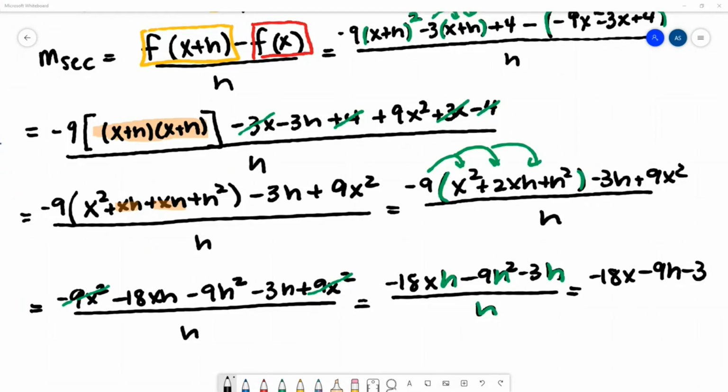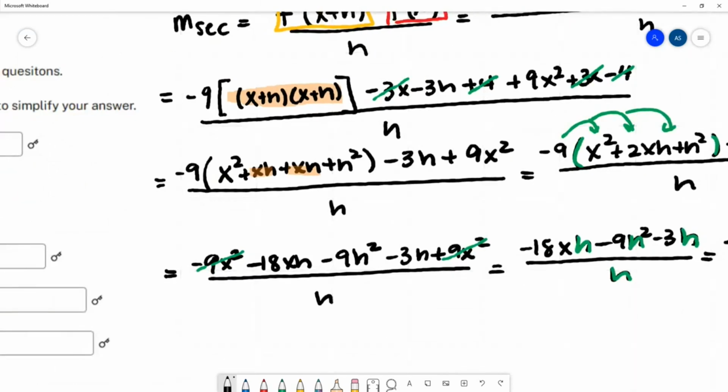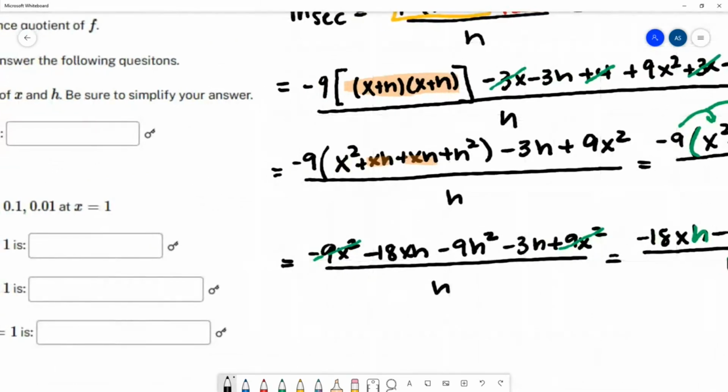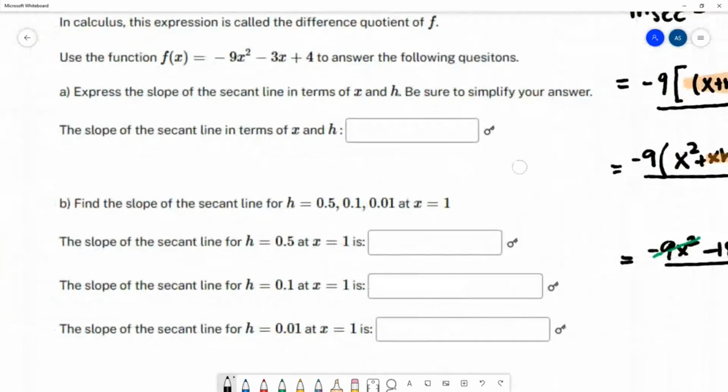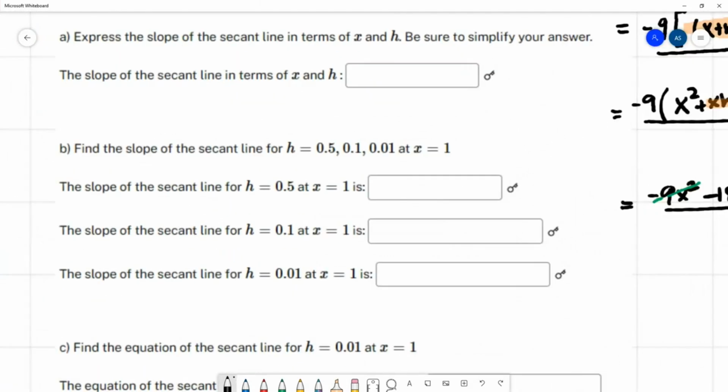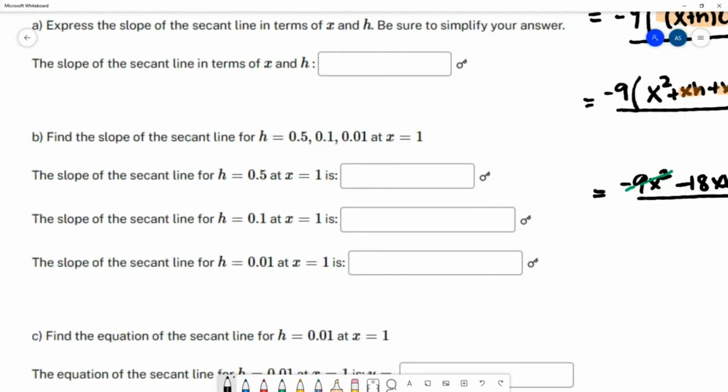All right, so let's continue with the other parts of the problem. So we were able to write the slope of the secant line in terms of x and h. We got negative 18x minus 9h minus 3.